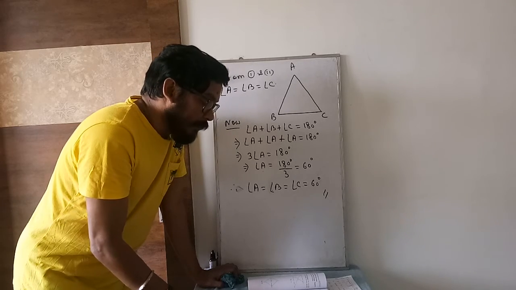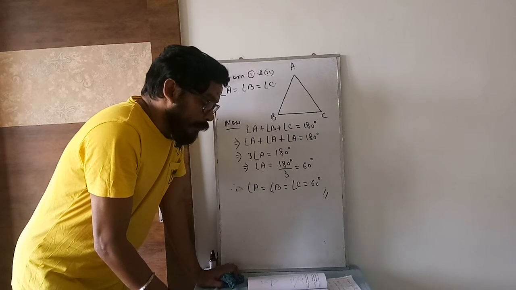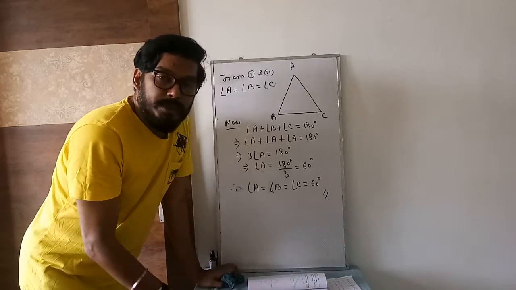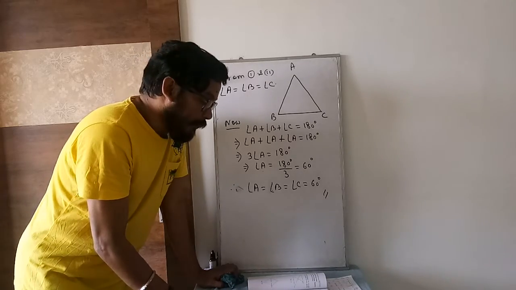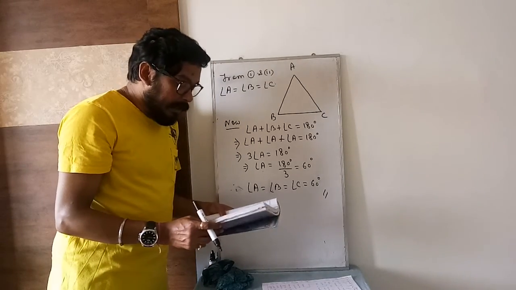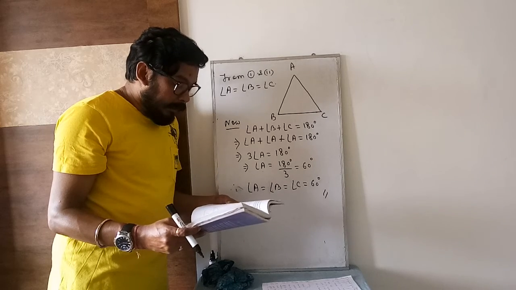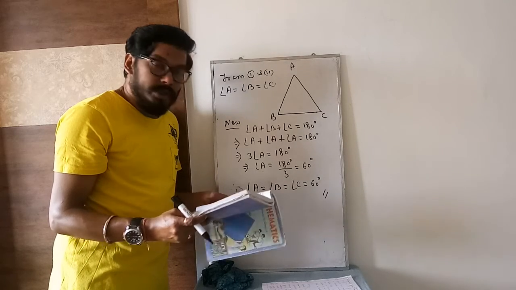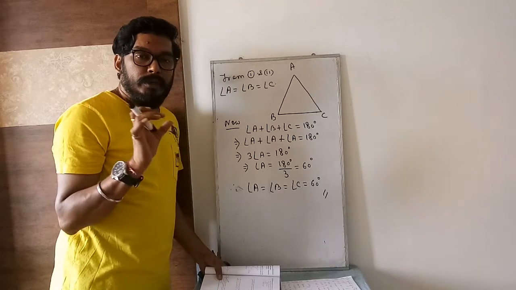Another thing I have to repeat, while doing exercise 7.1, question number 3, I think during the proof I have to write AD equal to BC. I have written some other thing. Please rectify the mistake. Make it AD equal to BC.